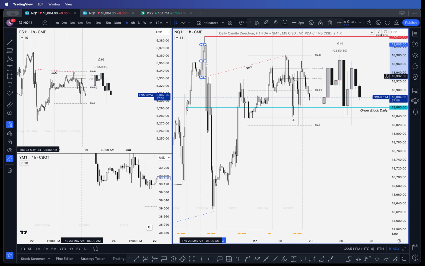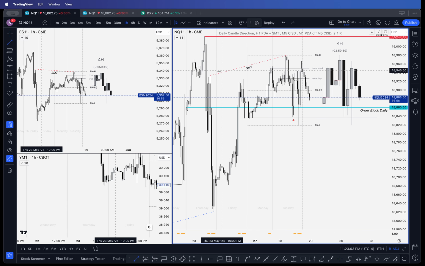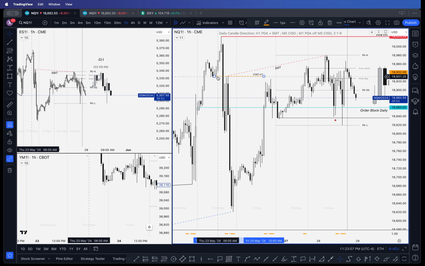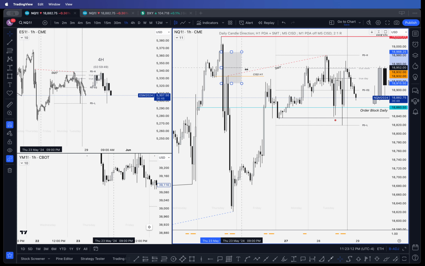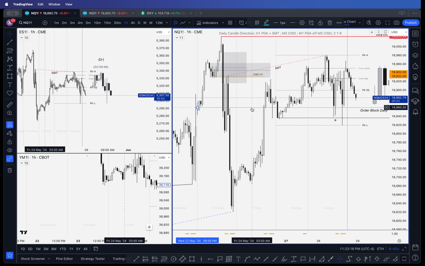What does that mean? If price wants to reach into this high, this array will fail. If price does not want to reach into this high, what will this act as? Well, look at how price interacts with the order block on the sell side of the curve. Here's our change in state of delivery, overlapping our fair value gap, overlapping our breaker. Look how price refers to these as institutional resistance on the sell side of the curve.